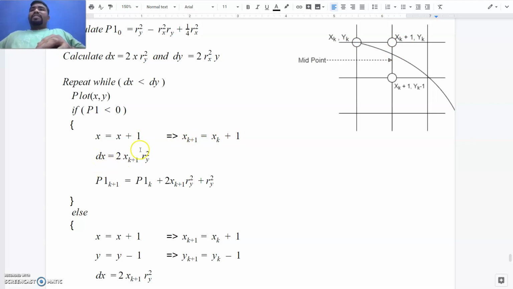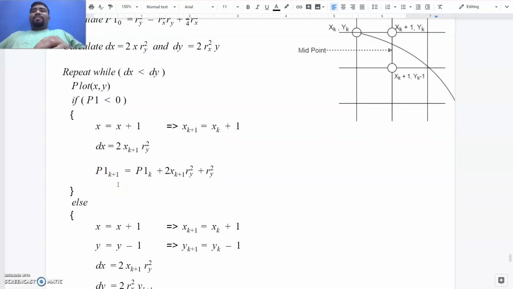We calculate dx, because only x is changing, and we verify whether this dx is still less than dy. This dx is dependent on the new value of x, that is x of k plus 1. And we also find the next decision parameter, that is p1 of k plus 1. We find that, and again we check whether that particular value is less than or greater than 0.